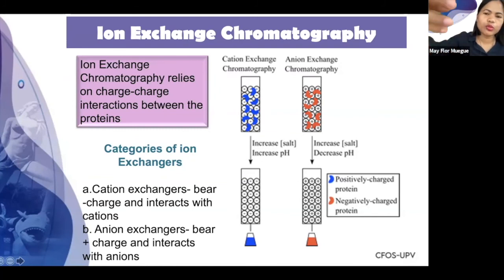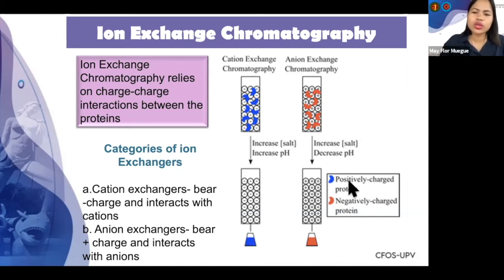So pag pour mo, yung mga hindi positively charged, ma-elute sila, lalabas sila yung liquid. So yung matitira doon, yung mga molecules that are attracted doon sa column or sa exchanger mo. So, para ma-remove mo ngayon yung mga nagdikit doon na positively charged na molecules, magpapapass through ka ng buffer. So, yun yung i-collect mo dito. Ito yung mga positively charged protein molecules.